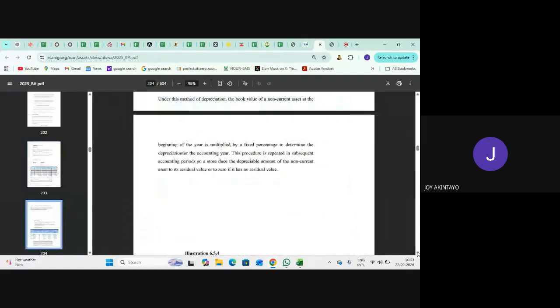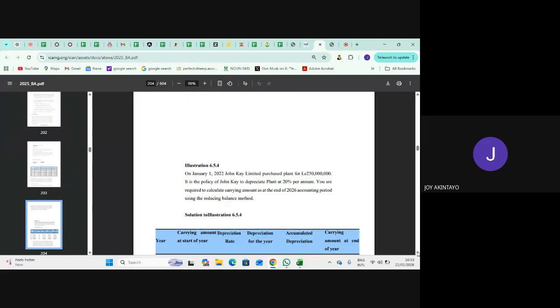So using the reducing balance method, they gave us 20% as our depreciation rate. So what do we need next? What we need next is to use this format. So we have the year, carrying amount, depreciation rate, then depreciation for the year, accumulated depreciation, then at the end of the year.